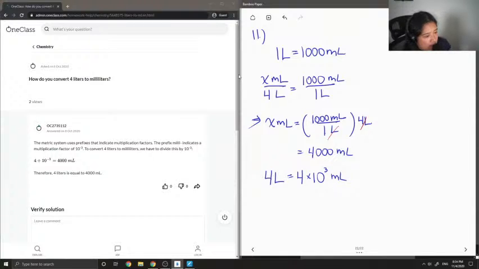So sometimes if I have a value that is like 2.65 liters, and I don't actually want to write out the whole value in milliliters, and they want you to convert it to scientific notation, or round off to 2 significant figures, you can say that this is the same thing as 2.7 times 10 to the 3 milliliters.